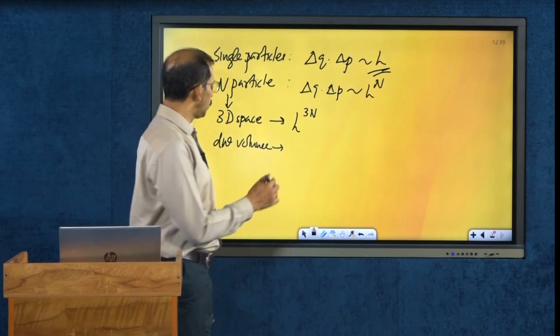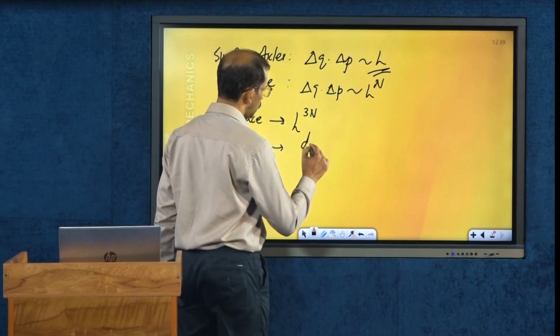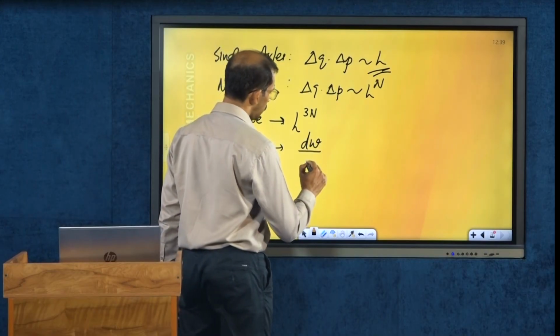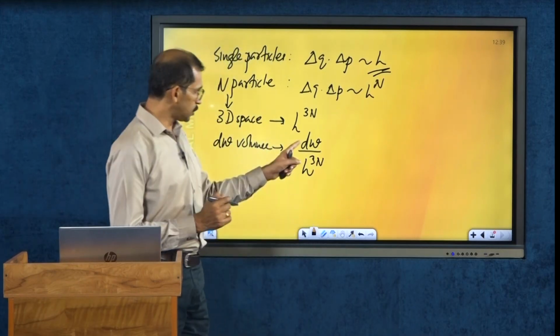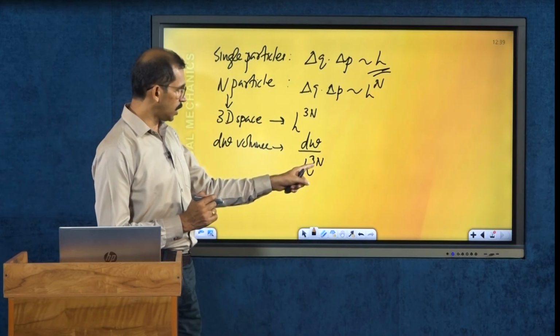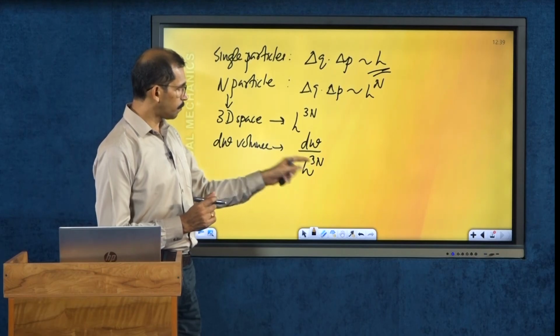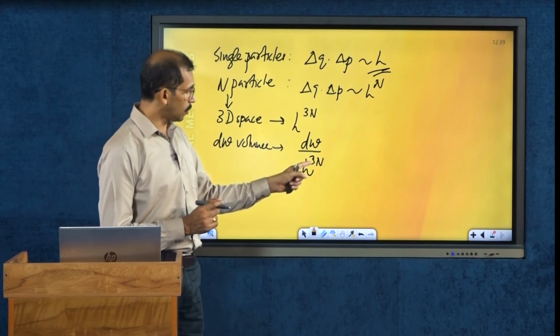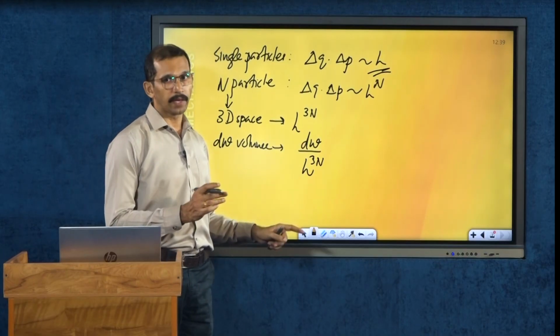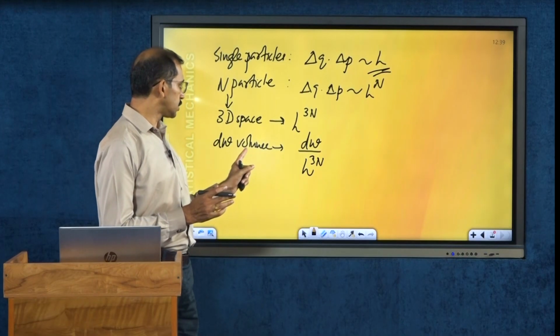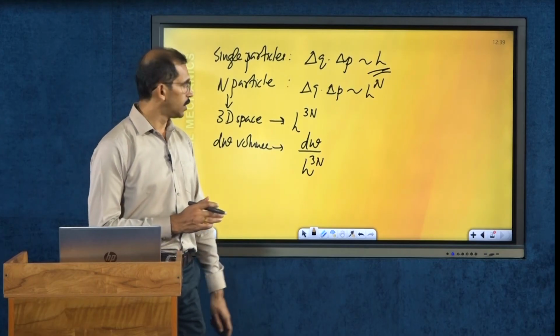It will be d omega divided by h raised to 3N. Why? Because d omega is my volume and h raised to 3N is the volume of the N particles in the 3D space. That means this will give me the number of microstates in the volume element d omega, right?